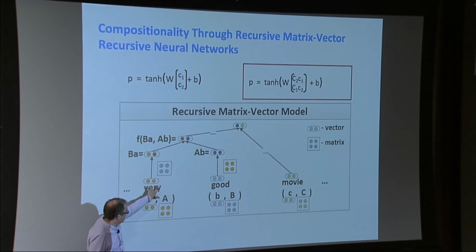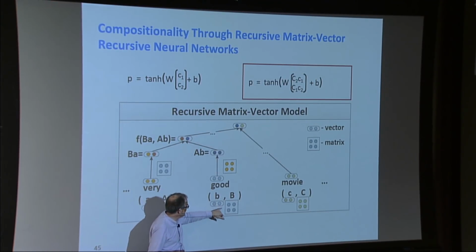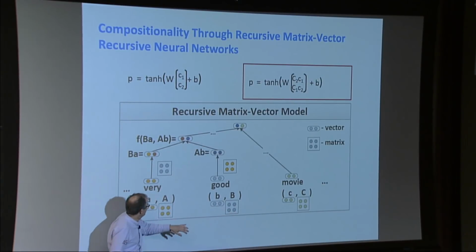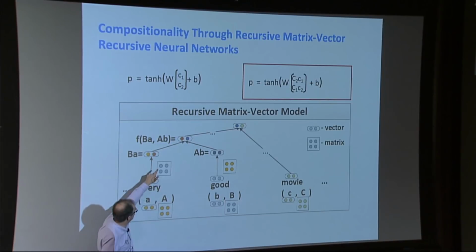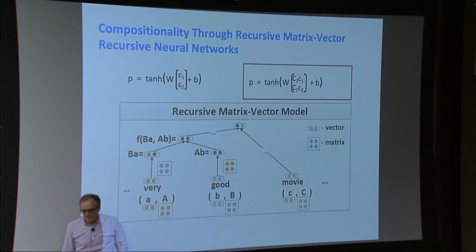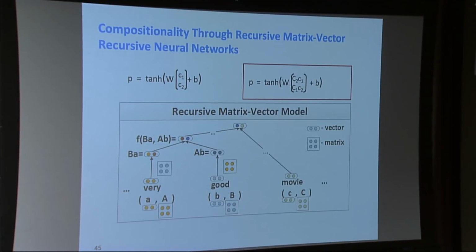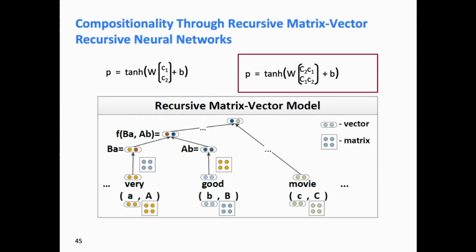So here's our very good movie. So for each word, we have a vector meaning and a matrix meaning. And then as we start to build up phrases like very good, they're also going to have a vector meaning and a matrix meaning. So first of all, we would like to be able to calculate the vector meanings.